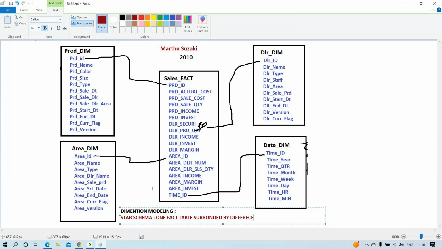In his view it is something, in my view something else. But this is the common definition most people expect. If you go for an interview and people ask you what is star schema, you may have understood it in a different way, that is up to you, but we have to give the common definition. Star schema means one fact table surrounded by different dimension tables.